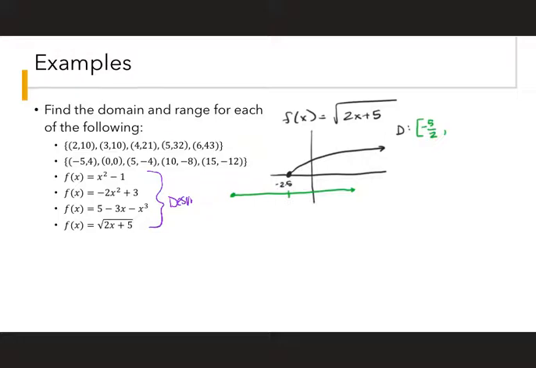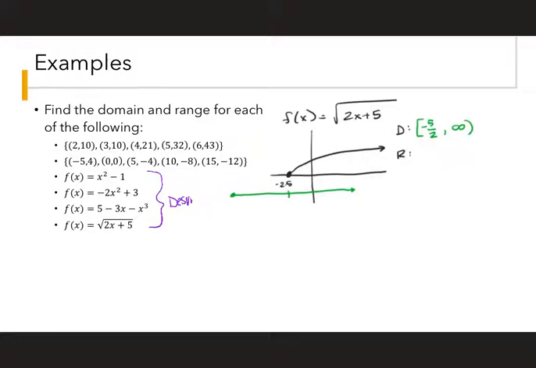And then as I continue moving to the right, the graph continues with me, and it will continue with me on until infinity. And so now that I've got that, all right, cool, I can go and talk about range.